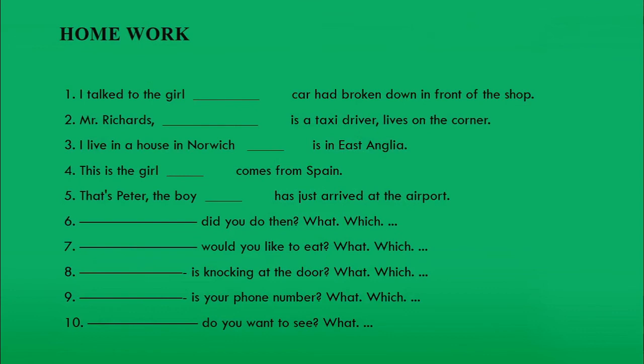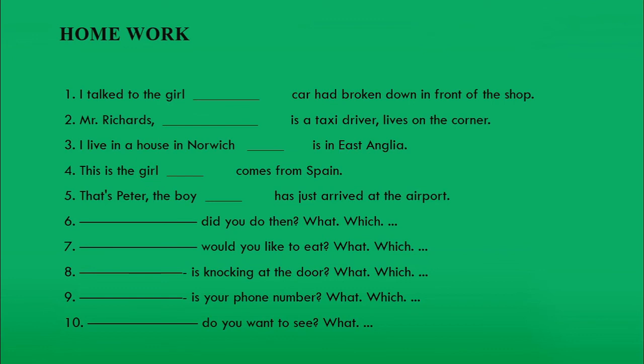Here you have some homework. Do it by yourself. I talked to the girl dash. Car had broken down in front of the shop. Mr. Richards dash is a taxi driver. Lives on the corner. I live in a house in Norwich dash is in East Anglia.